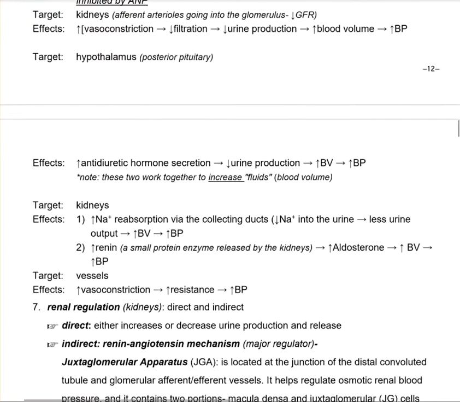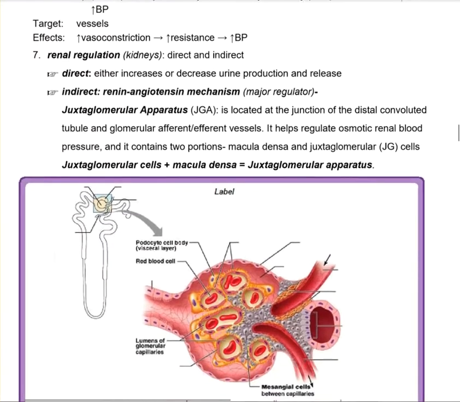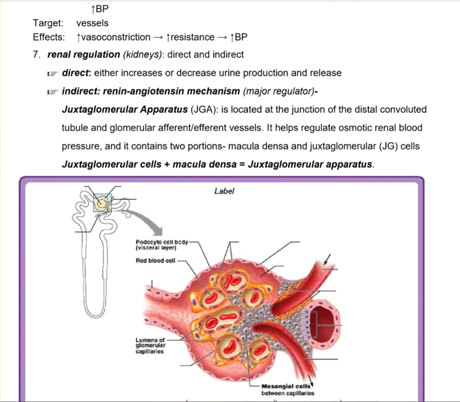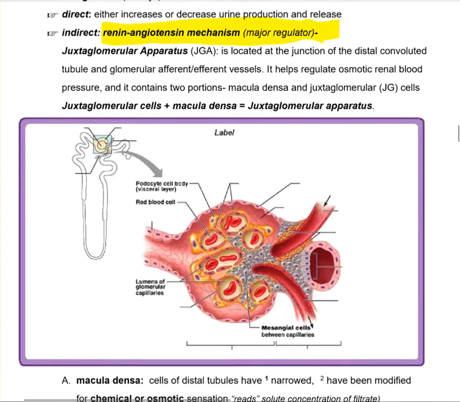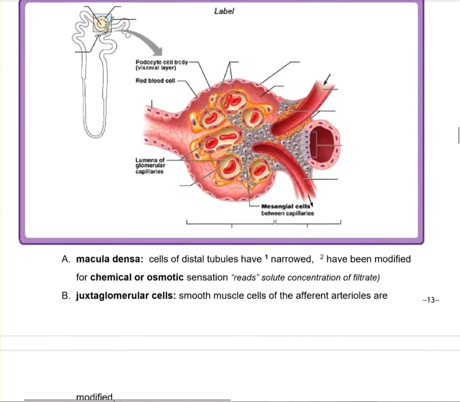Okay, and then here is a more detailed explanation, or an approximation of the same level that I went into, of the angiotensin mechanism. And we'll come back and talk about that also in a second.